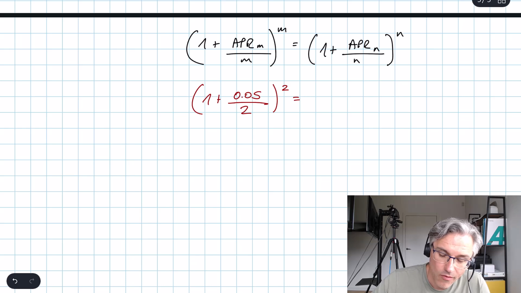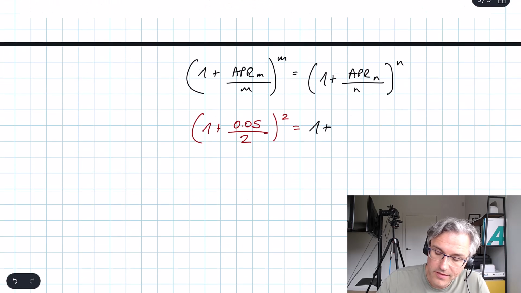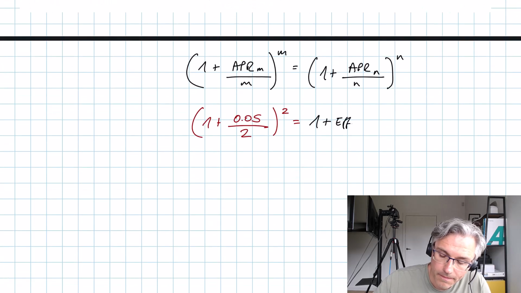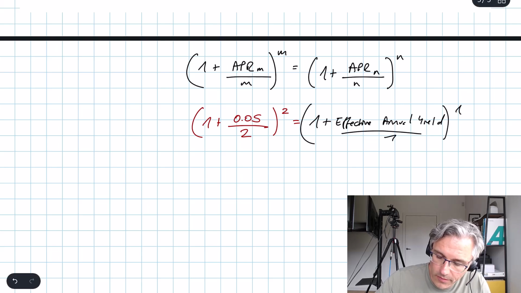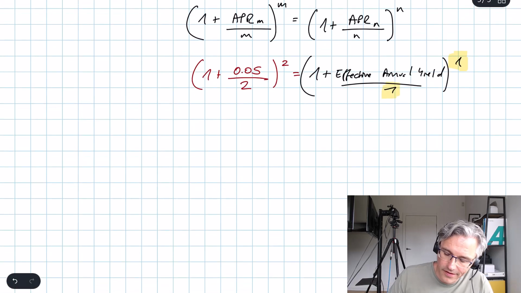well, 1 plus this to the power of that is the same as 1 plus the effective annual yield with a periodicity of 1, simply, of course, divided by 1 to the power of 1. But dividing by 1 and taking to the power of 1 adds nothing here.